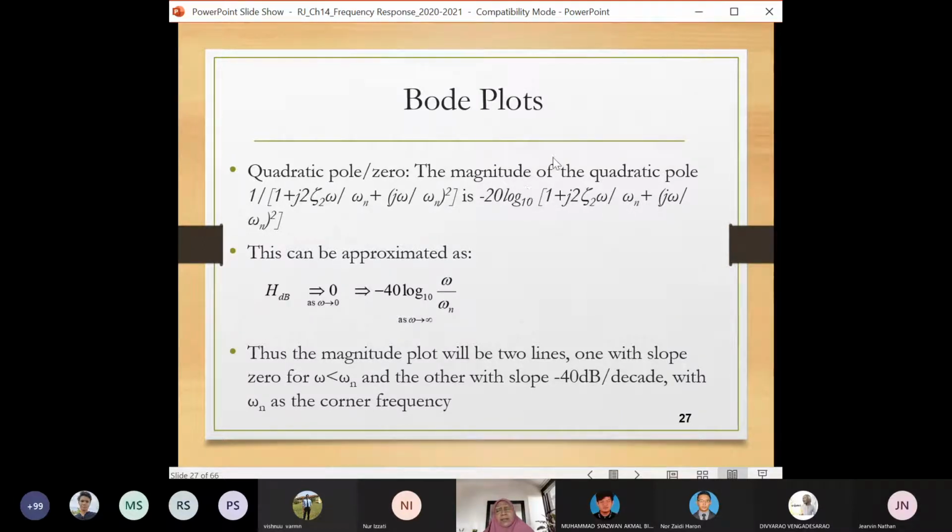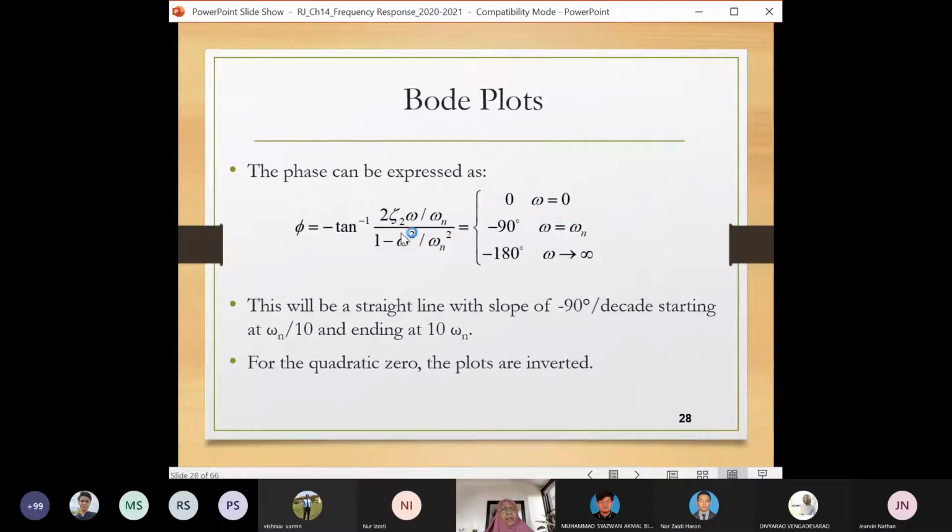So these descriptions are a summary of what you have to do when you want to plot a Bode plot, when you want to evaluate an electrical system in terms of its Bode plots. And for the phase, the phase angle equals tangent inverse of numerator over denominator, and we will have 3 different sections: 0 at omega n and at omega approaching infinity.